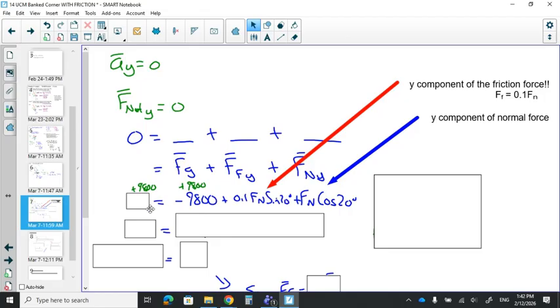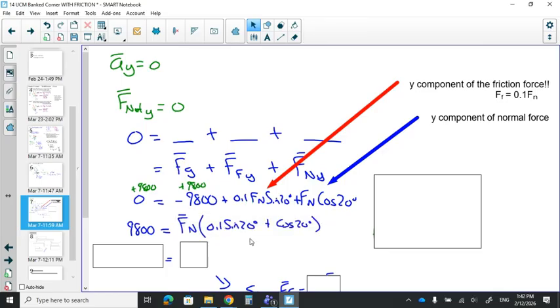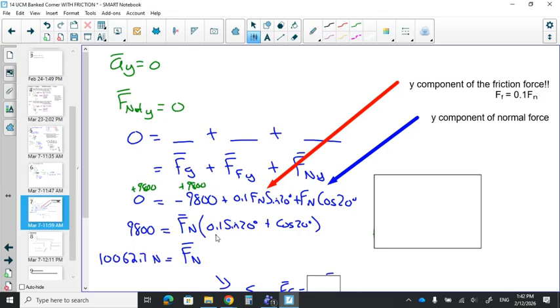So that's the y component of the friction force, as I said, and the y component of the normal force. And so solving out here, we add 9,800 to both sides and end up with the 9,800 over there. Here we'd have a normal force in both of those terms. And so mathematically, we can common factor that out, end up with 0.1 sine 20 plus cos 20. And that's just a value, of course. We just divide that out.